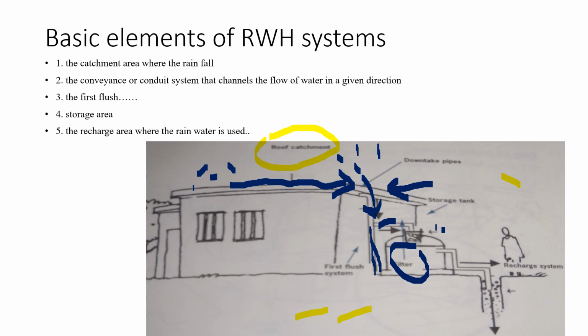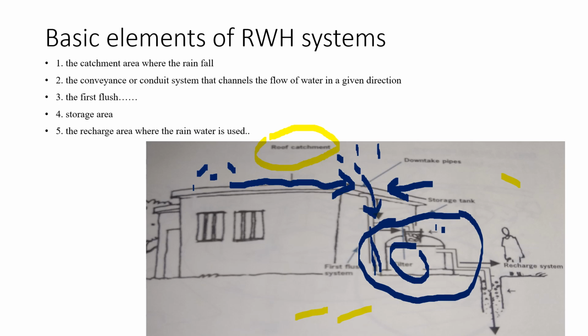Now coming to the next point, that is the storage area, consisting of these tanks and receptacles. This is the storage area where all the water which we receive through this catchment is ultimately stored.